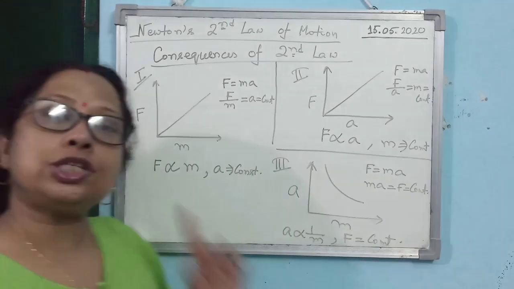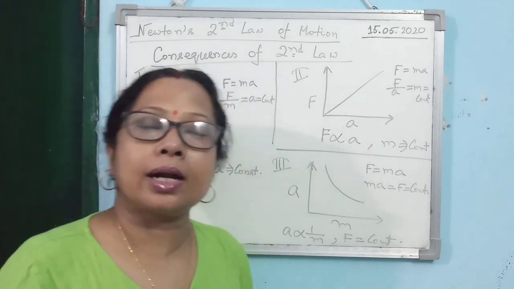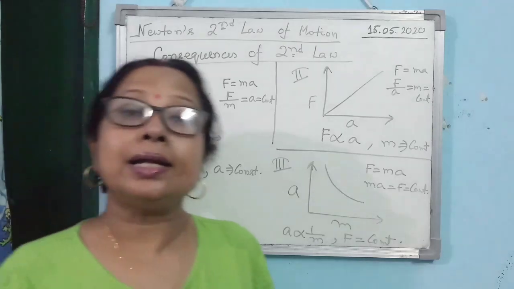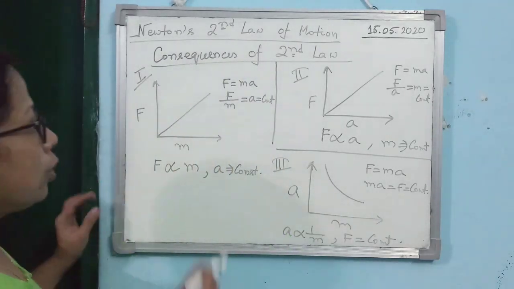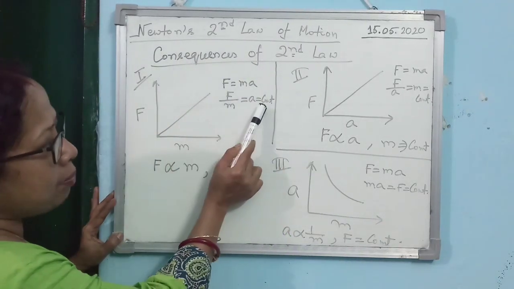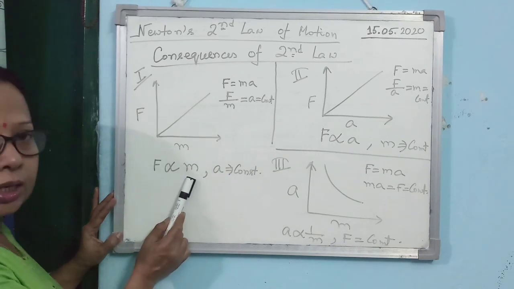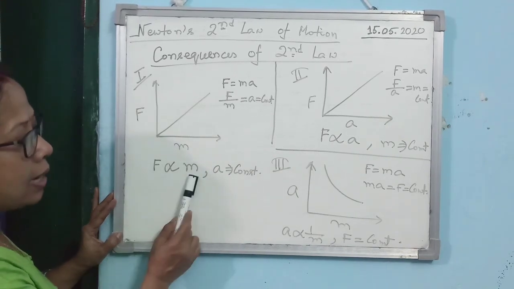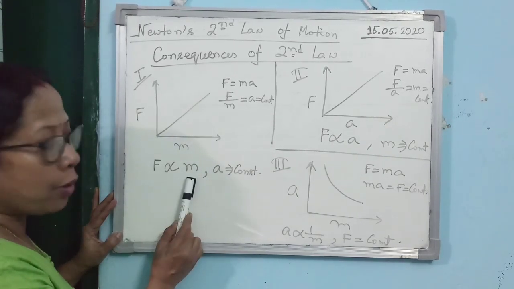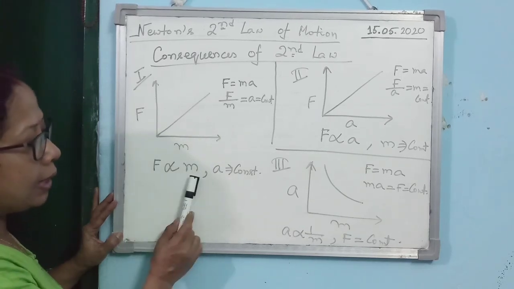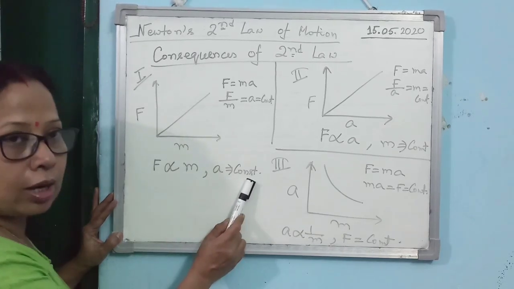When the ratio of any two quantities is constant, they are directly proportional. So as F by m is constant, what conclusion can you make? Force and mass are directly proportional. Remember, they are directly proportional when acceleration is constant.